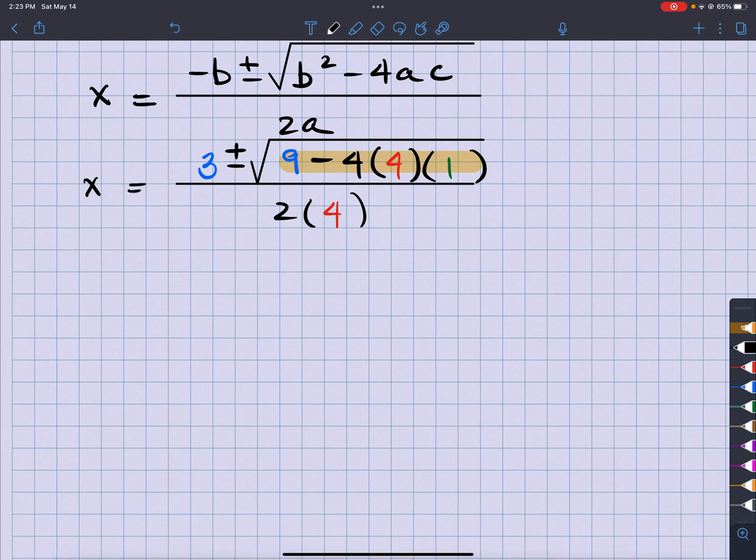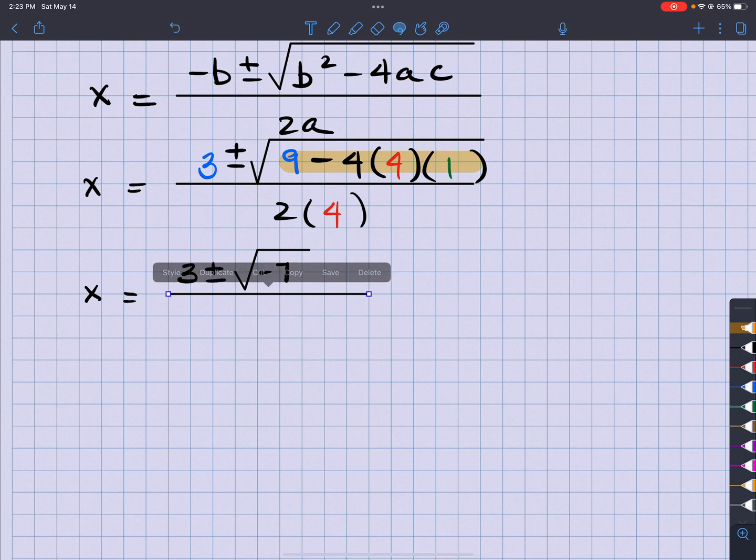So if I do that, I'm going to get x is equal to 3 plus or minus the square root of, and what did we get here? Negative 7, is that what we got? Okay. So this could be way shorter then. And then the 2 times 4 is going to give me 8.